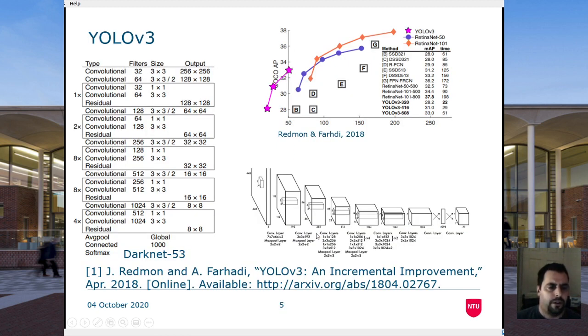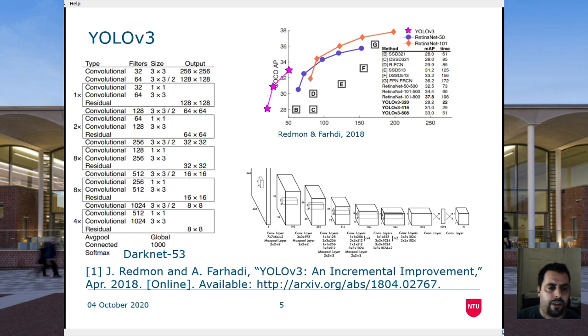So for doing this work, we selected YOLO v3, which is a very efficient CNN algorithm composed of 53 convolutional layers and the fully connected layer.